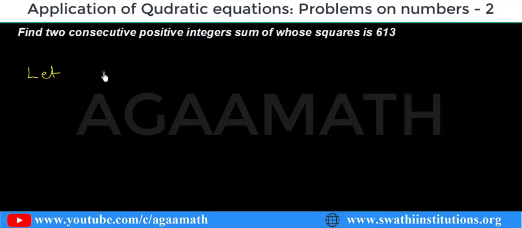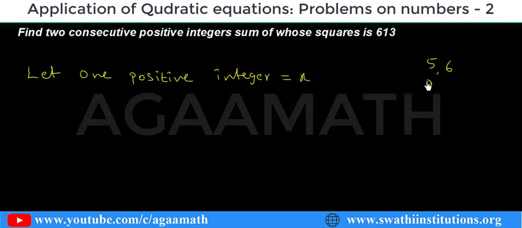Let one positive integer equal x. So what is a consecutive? Consecutive means, for example, if you take 5, the consecutive is 6.